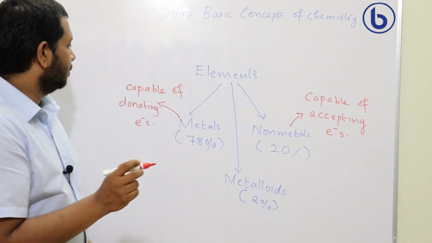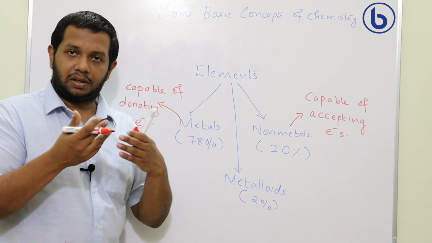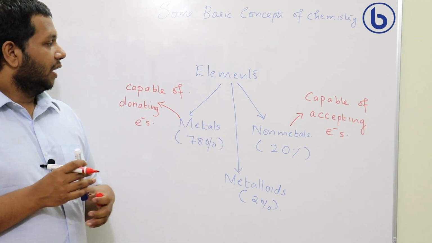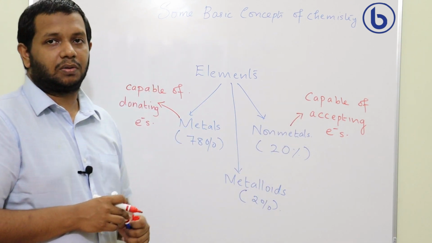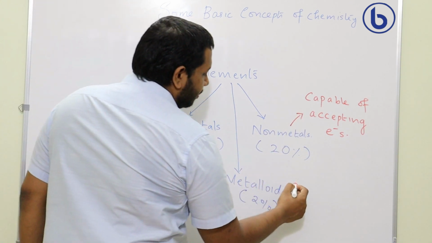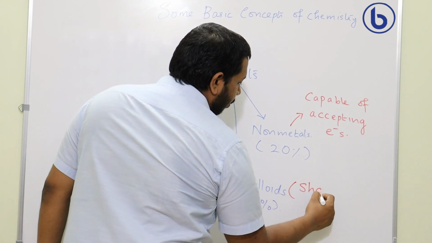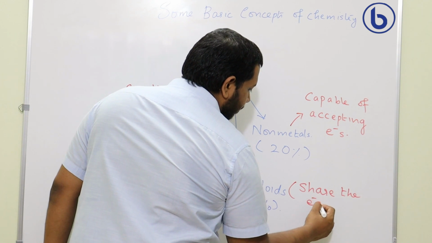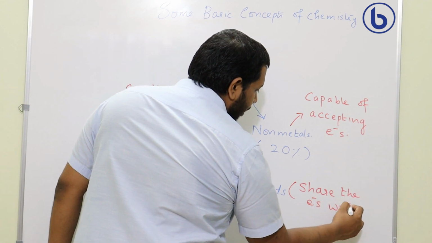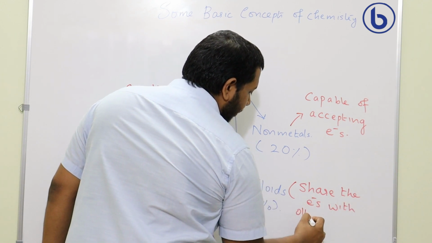So, very simply, metals are capable of donating the electrons they have, and non-metals are capable of accepting electrons. And metalloids share the electrons with other elements.